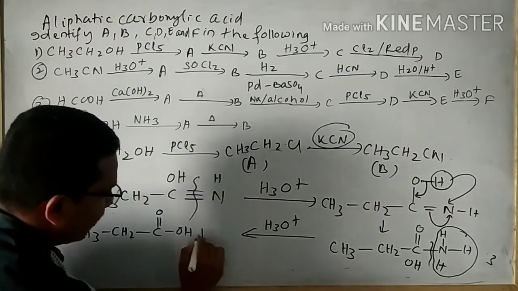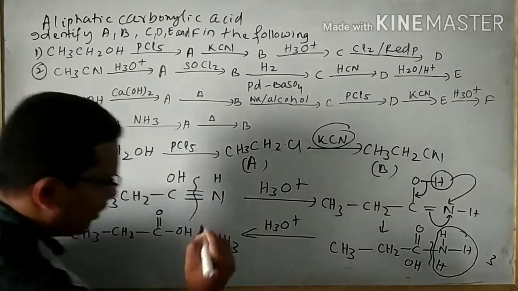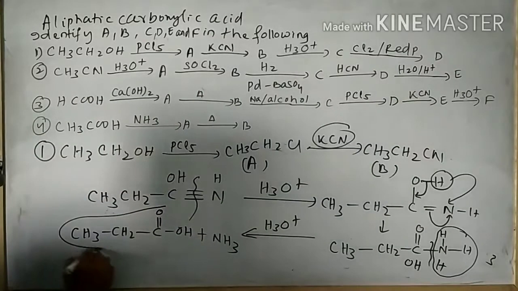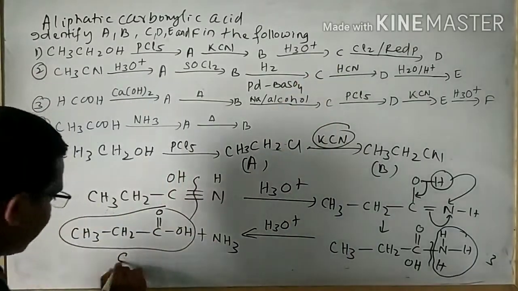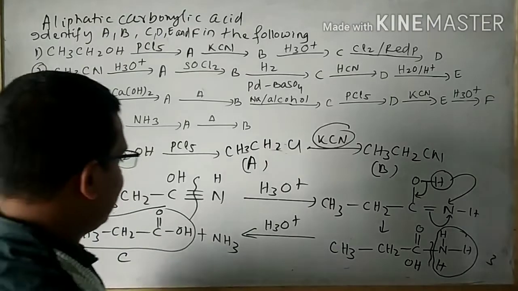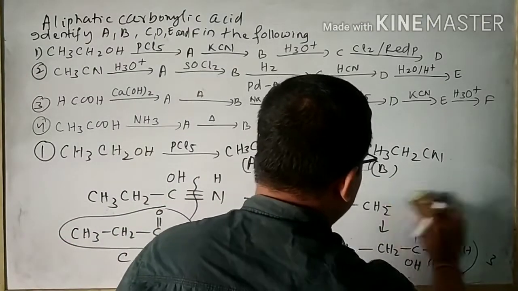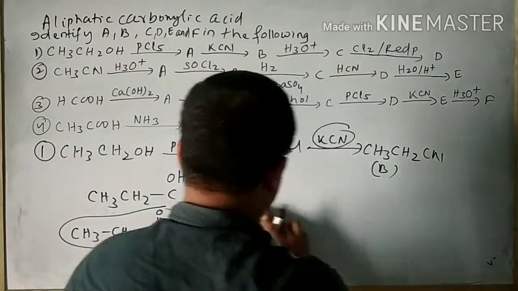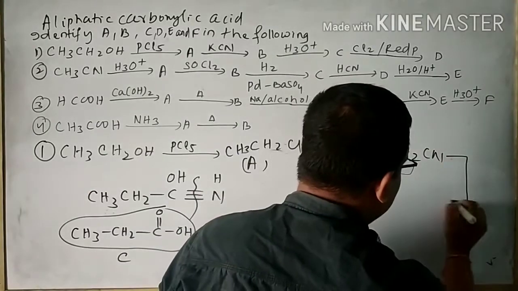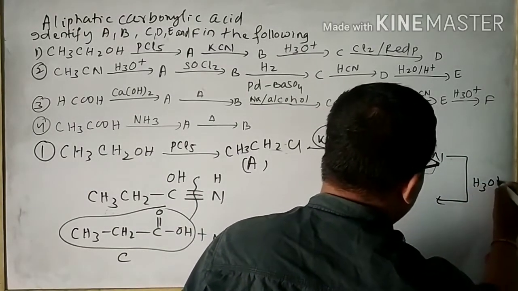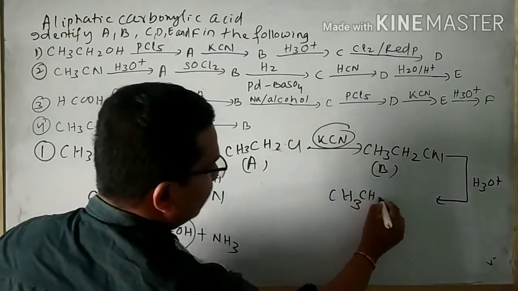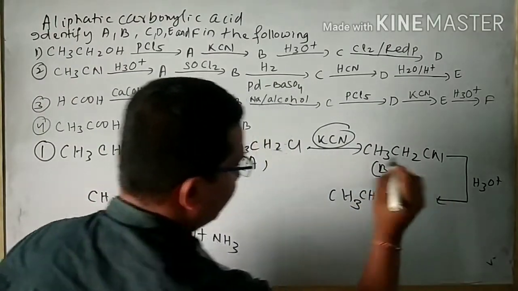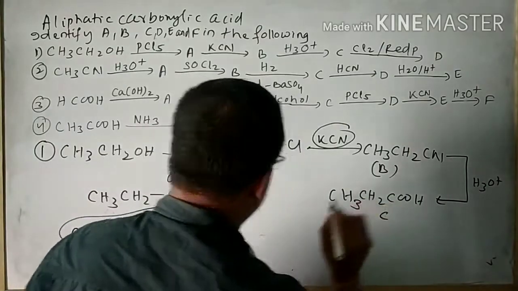That means NH3 is your byproduct. This is the main product. So here the C will be this. So I can write the C product is CH3CH2COOH. This is your product C.